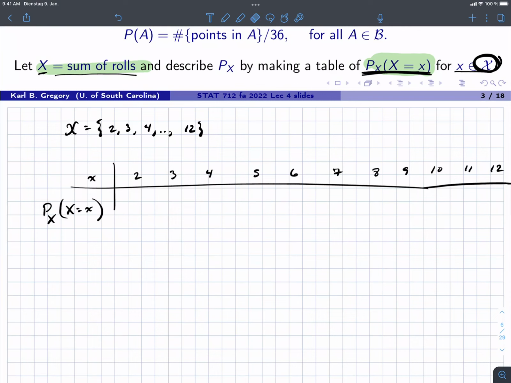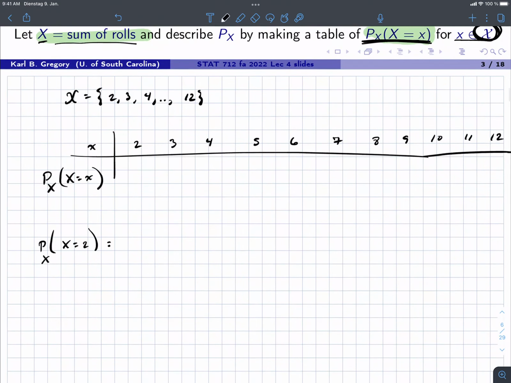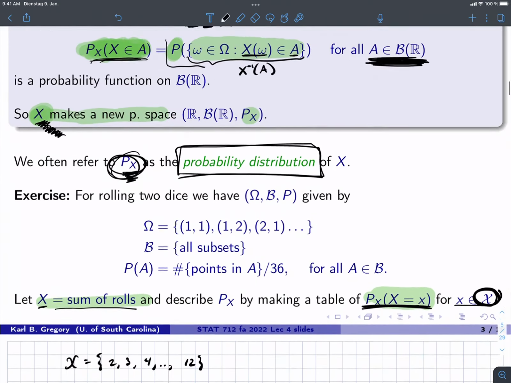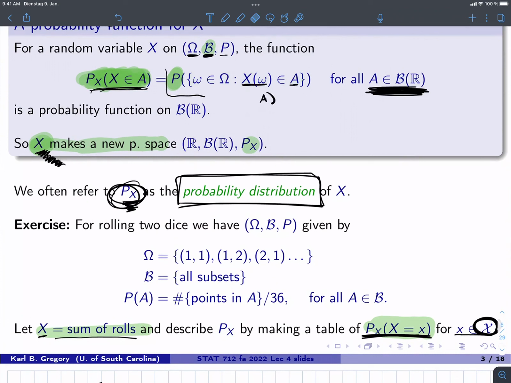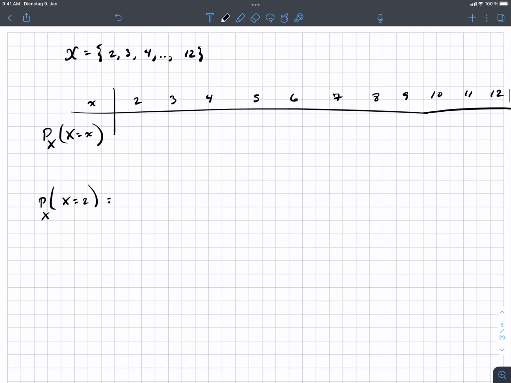So let's take, for example, the probability that x equals 2. According to our definition of the probability function, what I need to do is go to my original probability function and take the probability of the set of outcomes for which x will be equal to 2.